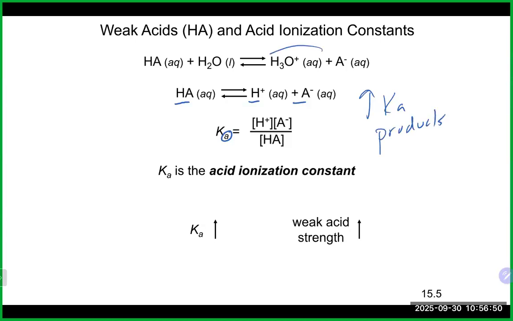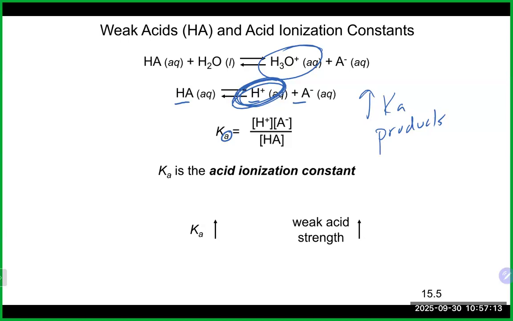And on the product side, that is where we find our H plus, right? So if we have more products, we will have more free H plus in that solution, and it will make it a stronger weak acid than some other weak acid. It is still a weak acid. It is nowhere near as strong of an acid as a strong acid, but it is a stronger weak acid is the way you kind of think about it.